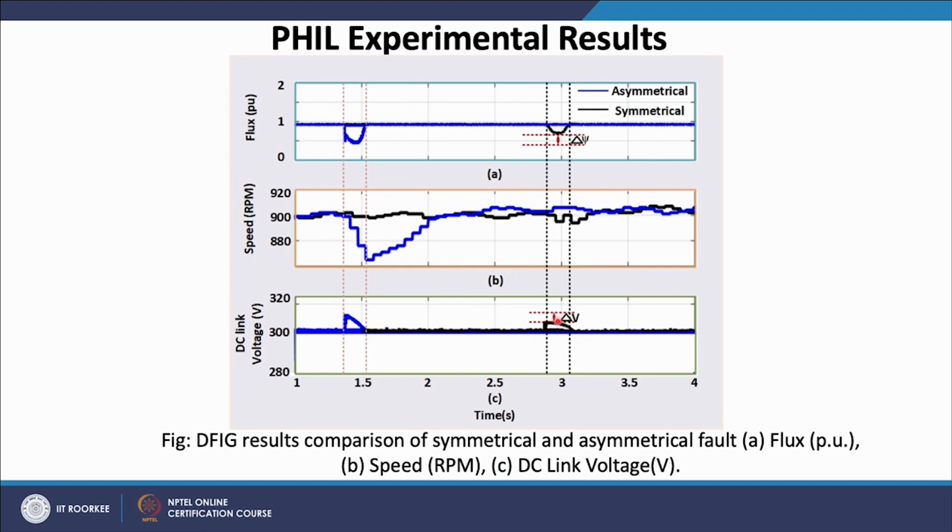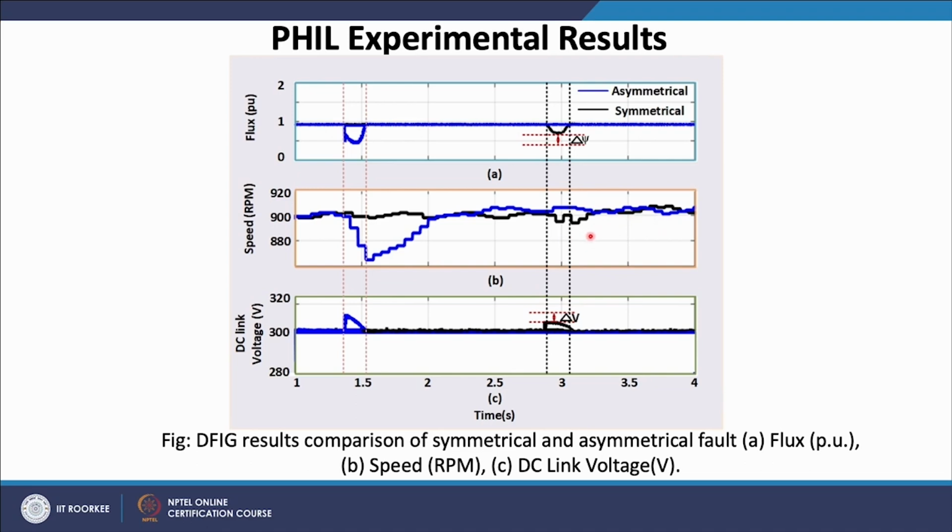In asymmetrical fault, the reason for increased variation in flux during the transient period is due to the presence of negative sequence component of voltage in the stator, which induces relatively higher rotor voltage. The settling time for the speed seems to be very large in the case of asymmetrical fault due to the effect of negative sequence component.